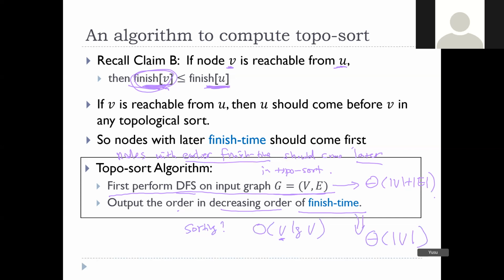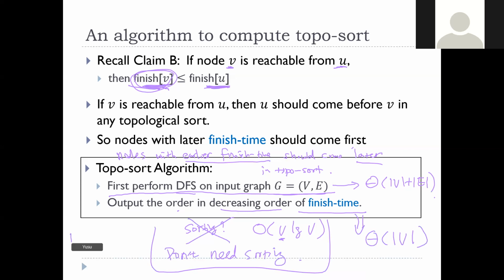So we do not need sorting, because here the finish time is only from 1 to V. What you could do is simply look at the finish time array. You have an array from 0 to V minus 1, and then for every node you simply fill it.